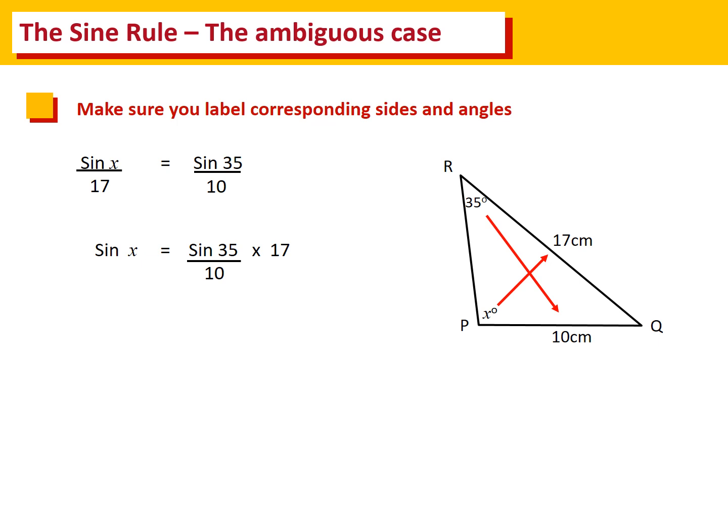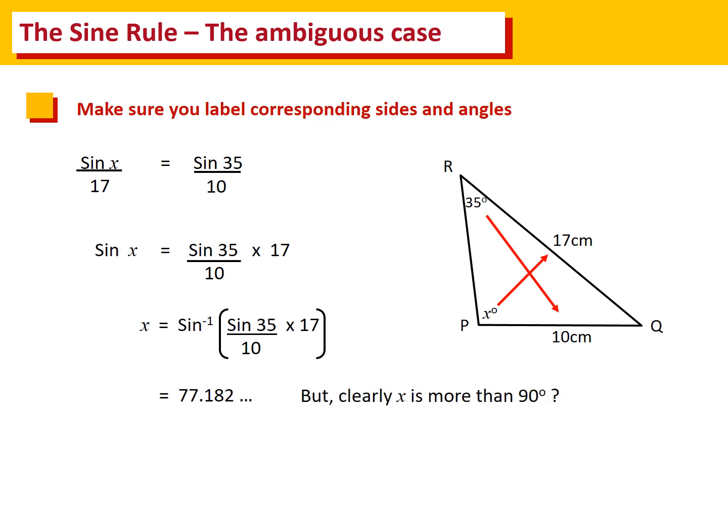Once again, I would calculate what you have here and get the answer to all this on your screen, and then press shift sine answer, and hopefully you get 77.182 degrees. But we've said that x is more than 90 degrees, so we subtract 77.182 from 180, and that gives us the answer we require.